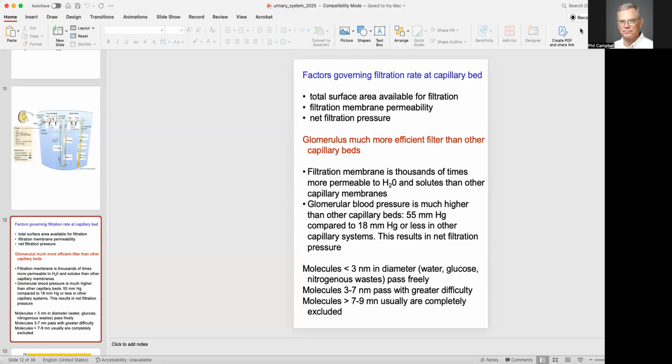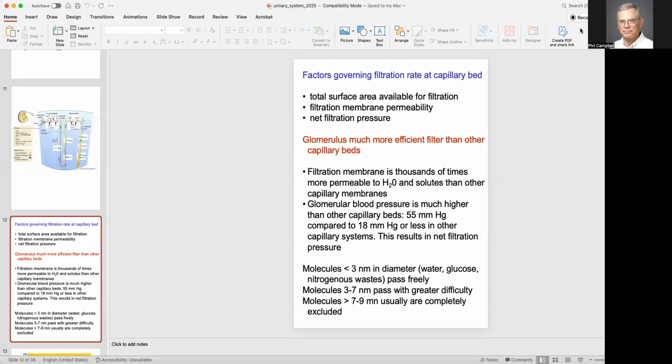Now, the unique nature of the glomerulus forms this network of multiple little capillaries that have an entry and a drainage. All right. That means that it's increasing surface area for filtration. We will talk about the unique nature of it as a filtration membrane in a moment. It is the most efficient filtration membrane in the body. All right.